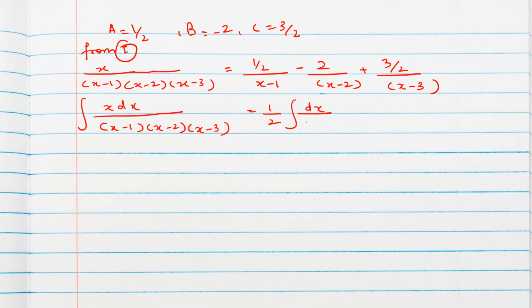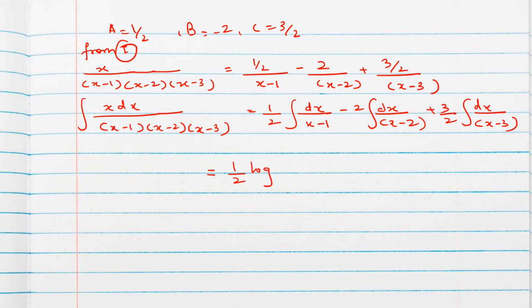So dx by x minus 1, here minus 2 dx by x minus 2, here plus 3 by 2 dx by x minus 3. So for each integral, log only will come as the answer. So 1 by 2 log of mod x minus 1, minus 2 log of mod x minus 2, plus 3 by 2 log of mod x minus 3, plus c.